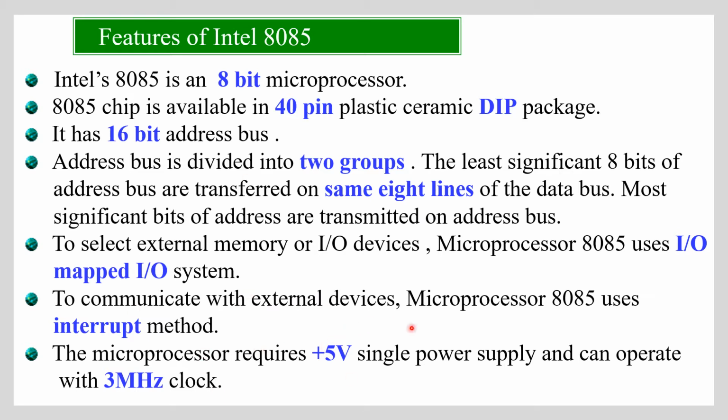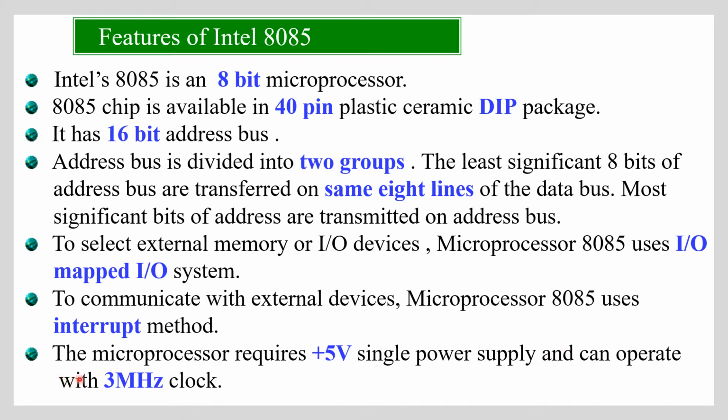To communicate with external devices, that is input devices, output devices, and memory, the microprocessor 8085 uses the interrupt method. So when you are entering something from the keyboard, you are interrupting the microprocessor. By using the interrupt method, the microprocessor will come to know that you are entering something from the keyboard. You are interrupting the microprocessor or the CPU.